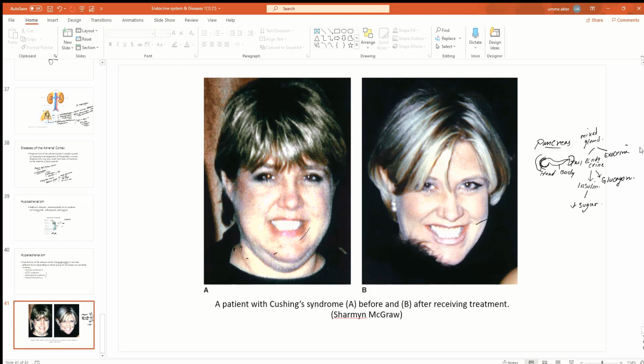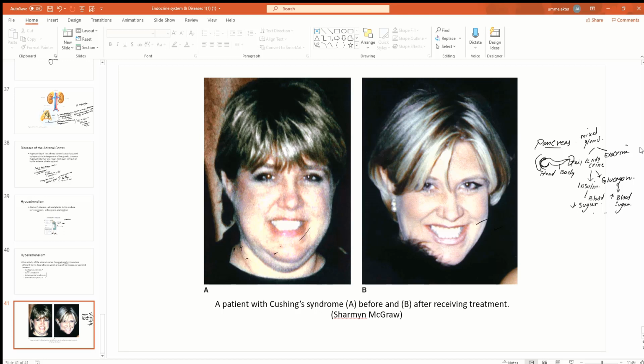Glucagon just does the opposite, increases blood sugar. So by the action of these two, your blood sugar is maintained. Both are needed, right?